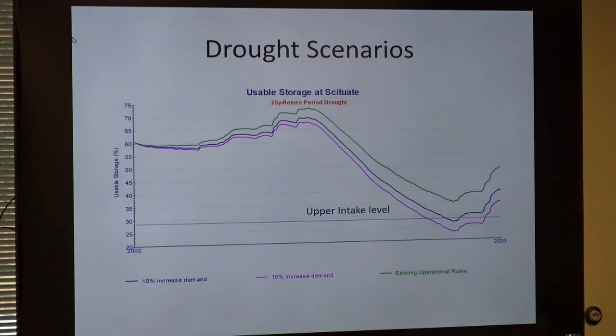If we are following that operating rule, how does usable storage change? We're showing a 1 year snapshot example here, 2002, 2003, showing when the demand increases, when the usable storage increases relative to the demand, and how that is impacted if we were to increase demand by a certain percent.